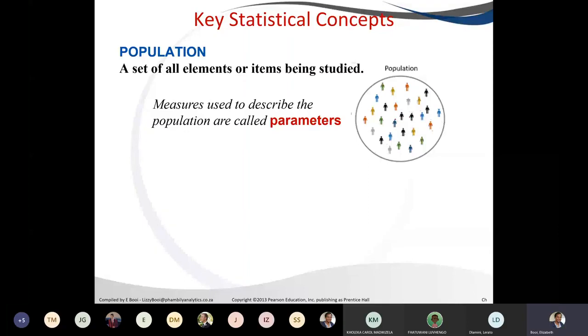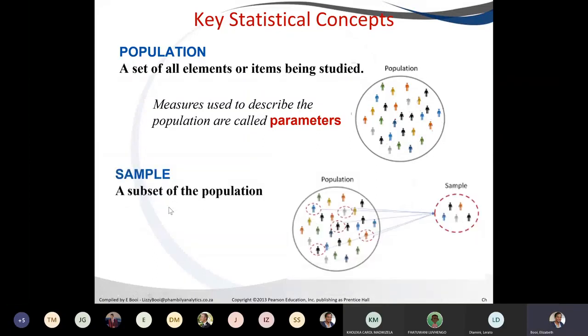So since the population is so big and we cannot calculate the parameters for every individual person in South Africa, therefore we select the sample. And a sample is just a subset of your population. It's just a small group.